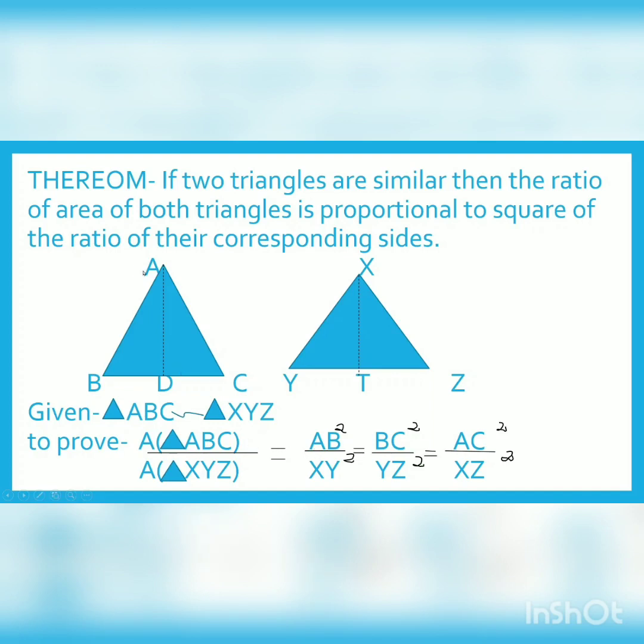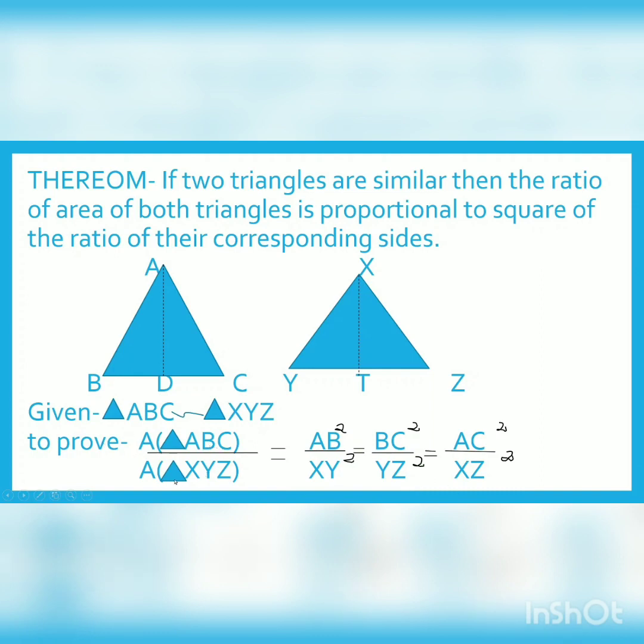Corresponding side of AB is XY, so I write AB square upon XY square. Again, BC's corresponding side is YZ, so BC square upon YZ square. And the last side AC's corresponding side in XYZ is XZ, so AC square upon XZ square.